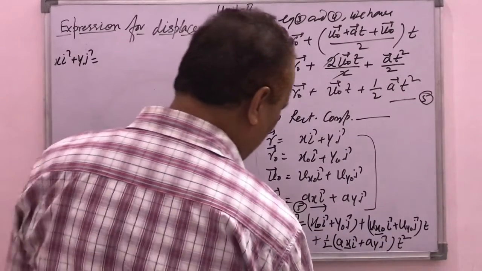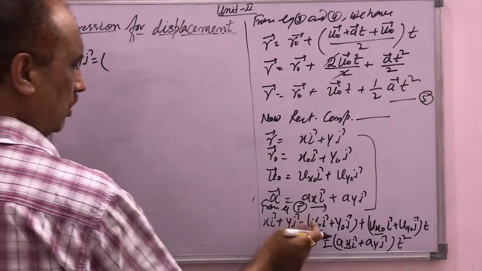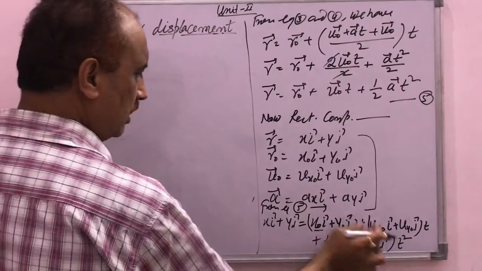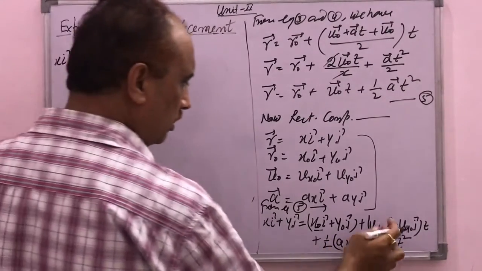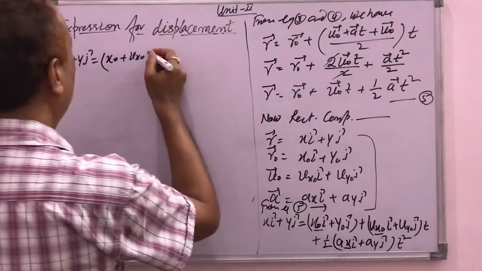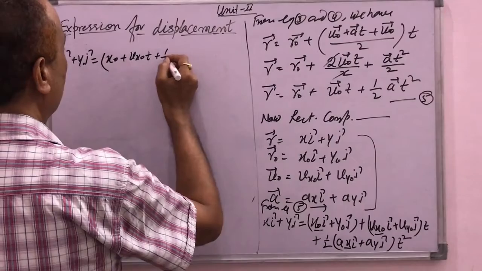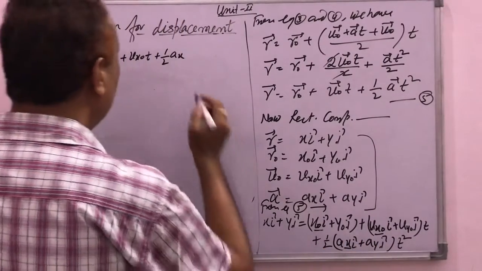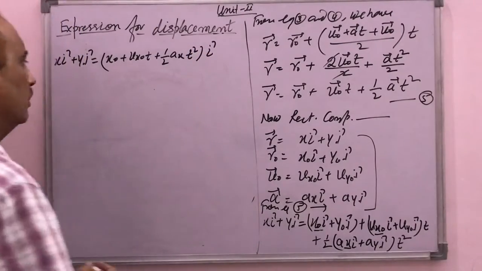So we write collectively in one bracket after taking i common: x naught plus v x naught into t plus 1 by 2 a x t square, taking i unit vector common.